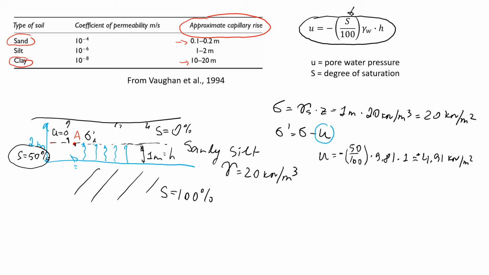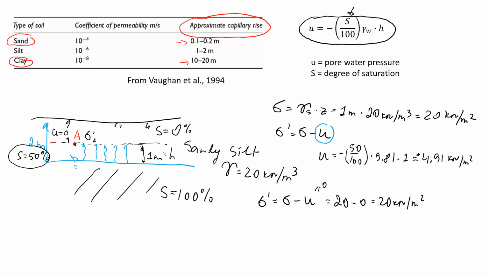Okay, so now let's find the effective stress right above point A. As we already know, pore water pressure in this case is 0 because there is no water. It will be 20 minus 0, which is 20 kilonewtons per square meter.